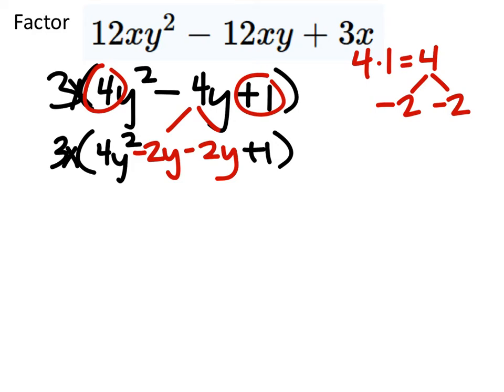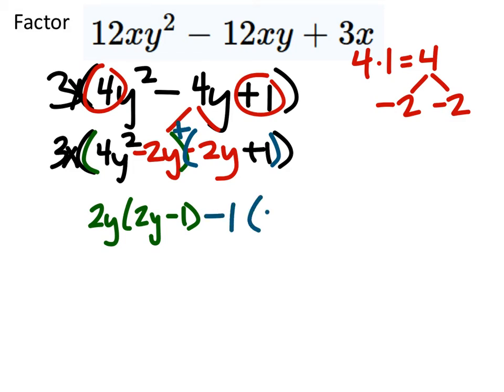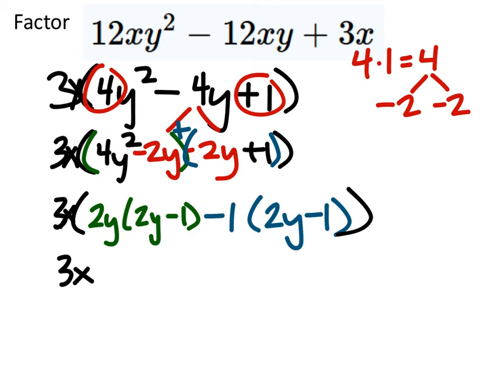And then factoring by grouping. And then negative 2y plus 1, I'm going to factor out a negative 1 to make that positive 2y minus 1. Of course, we got the 3x there in the front. Now I can factor my 2y minus 1 out of those.